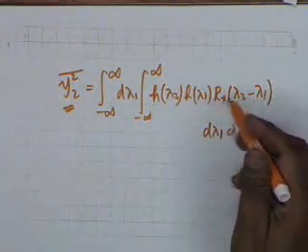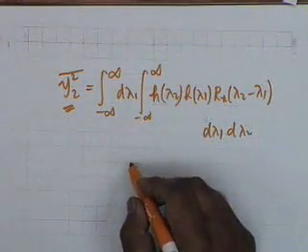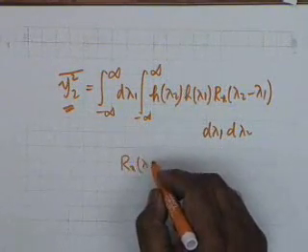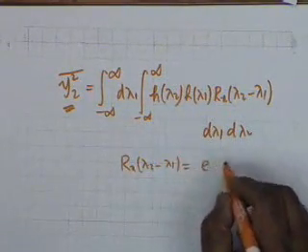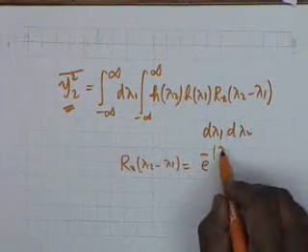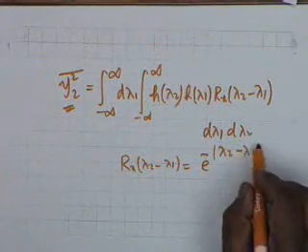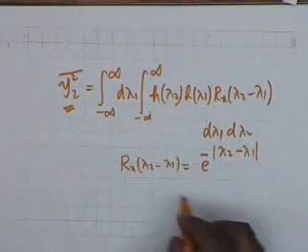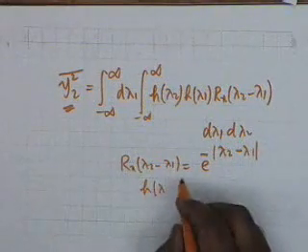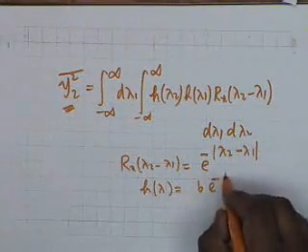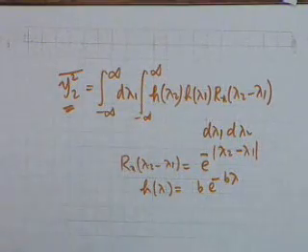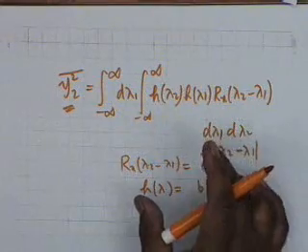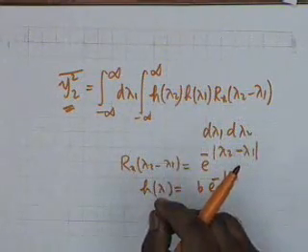Now if you substitute here Rx of lambda 2 minus lambda 1 is equal to e to the power minus mod of lambda 2 minus lambda 1, and you substitute h lambda is equal to b e to the minus b lambda, then the evaluation of this integral shall require a little bit of care.